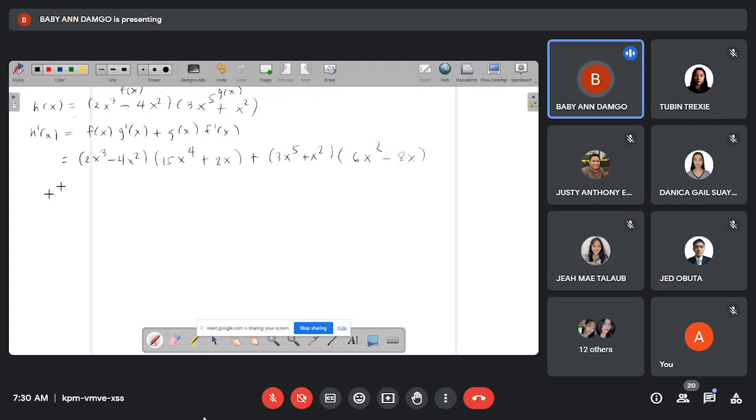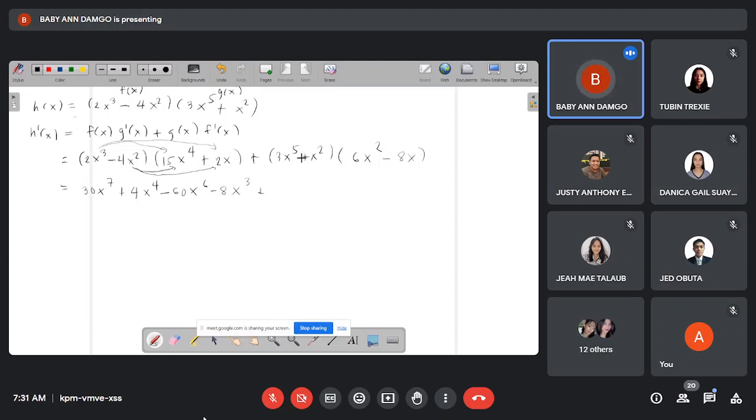Okay, so simplify. This gives 30x to the 7, 4x to the 4th, minus 60x to the 6, and minus 8x cubed.